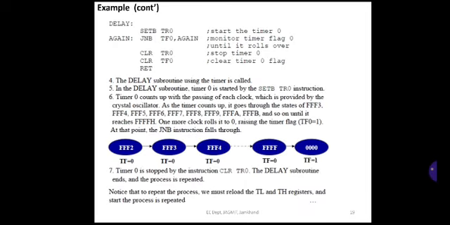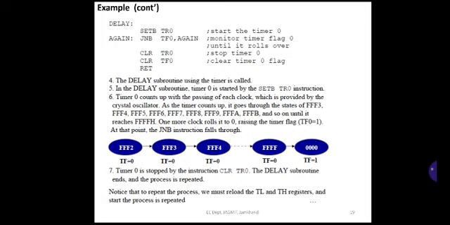Then the delay subroutine using the timer is called. A subroutine program is called from the main program. In the delay subroutine, timer 0 is started by using the SETB TR0 instruction. Then timer 0 counts up with each clock provided by the crystal oscillator.